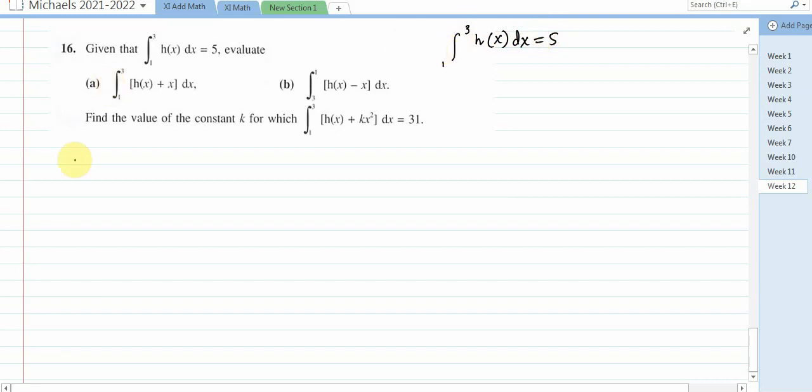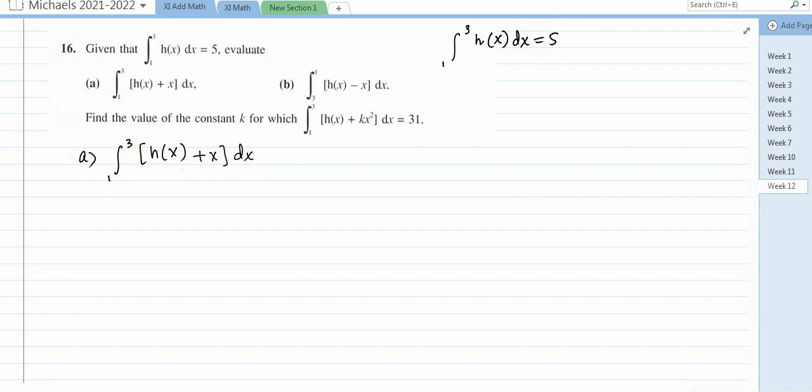For the first part, it says integral from 1 to 3 of h of x plus x dx. So it's quite easy. First we need to apply the sign of integration to both of the functions and then start your working. So for this first part you have a time of 2 minutes. Give it a try and then I will tell you the answer. So start.